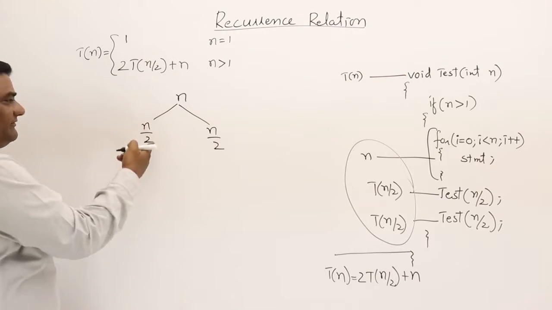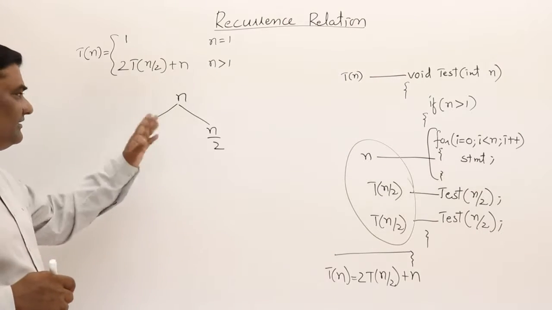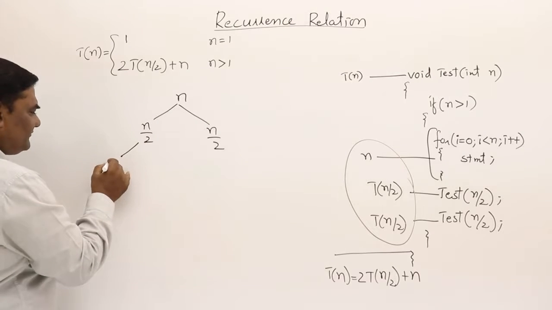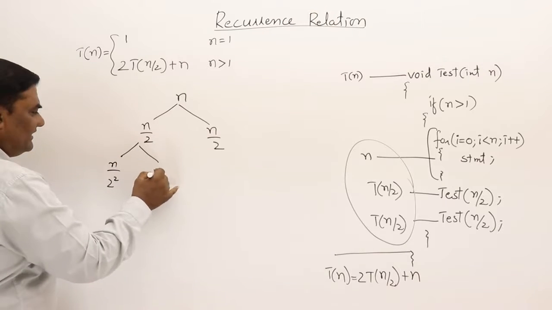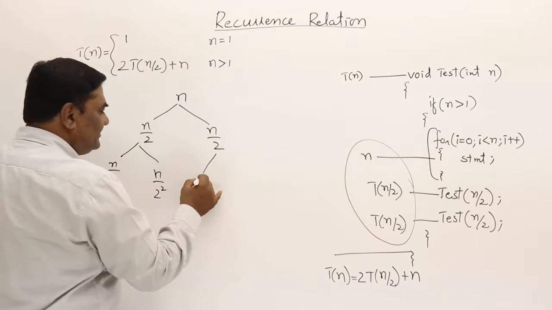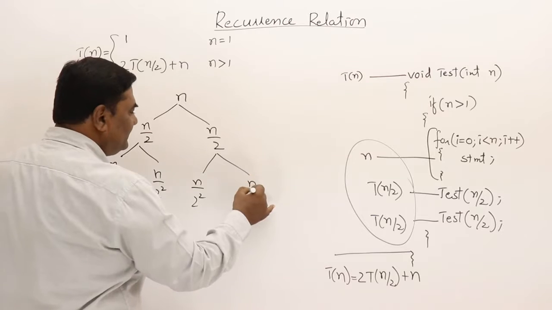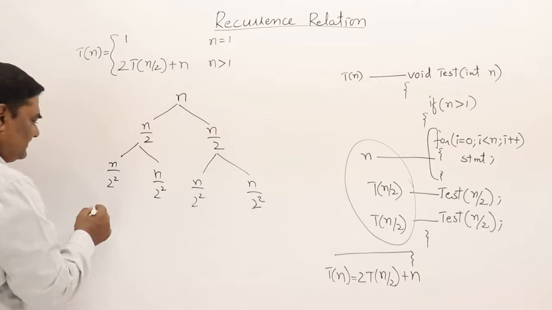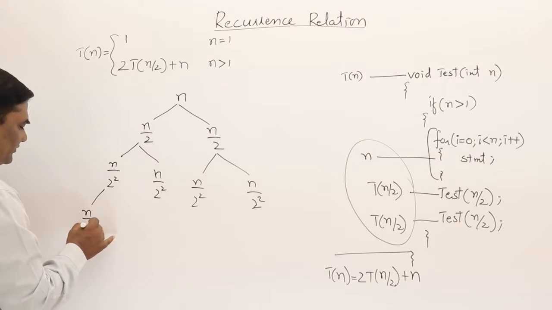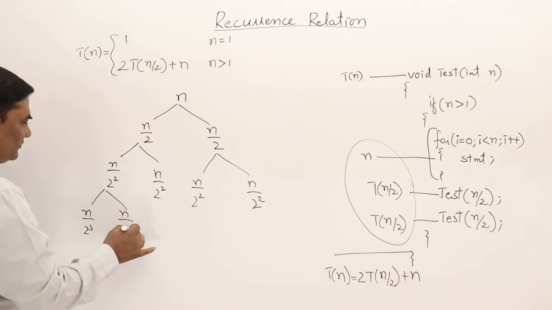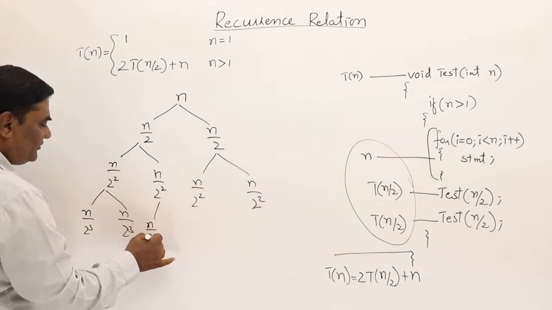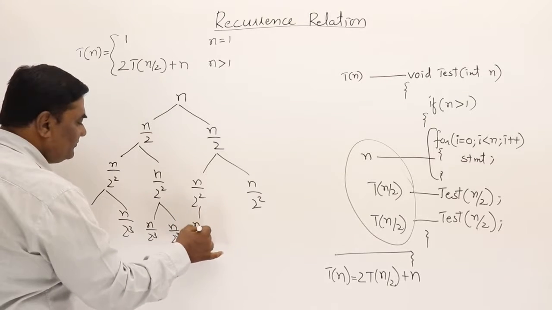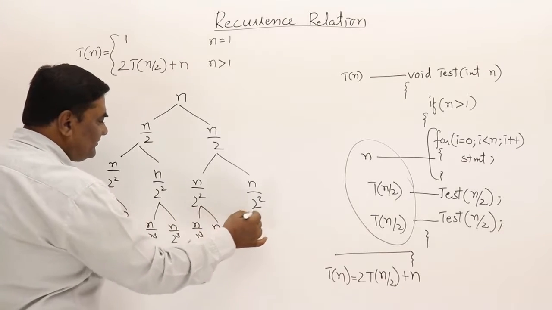So I am avoiding writing the function T completely, just n, then n/2 and n/2. Then again each will call itself 2 times: n/2², n/2², and this also n/2², n/2². Then this will call itself for n/2³ and n/2³, and so on.